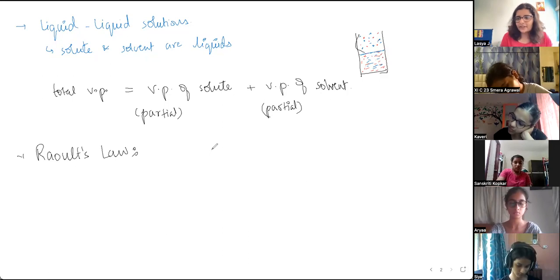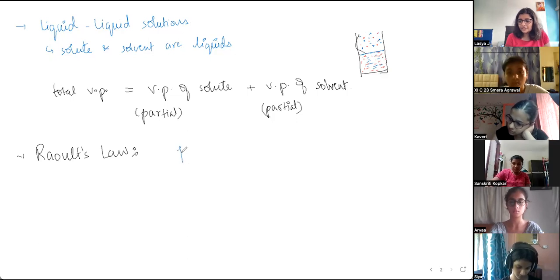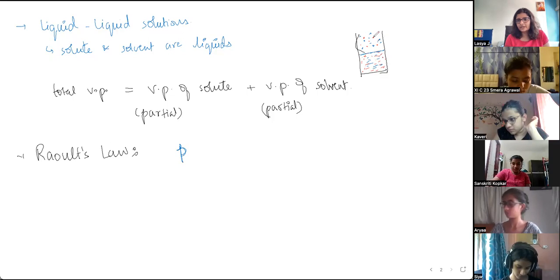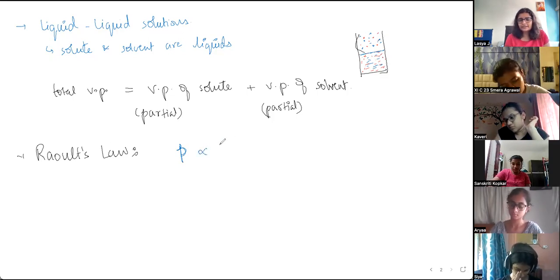Just like Henry, Raoult also did some experiments. He figured out the mathematical expression for Raoult's law. Basically, the partial vapor pressure of a component in the solution is directly proportional to its mole fraction.